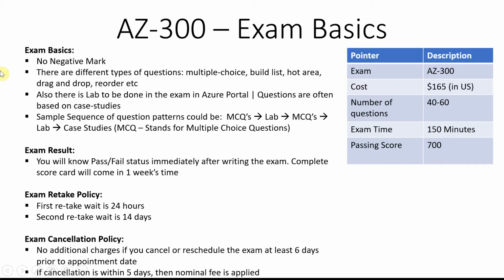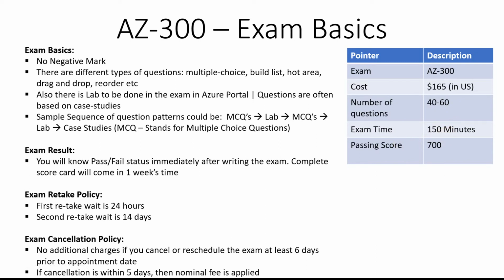From the exam point of view, what you need to know is that this exam generally costs $165. The number of questions is 40 to 60. The number is not fixed, so it varies from person to person. The exam time is 150 minutes, and the passing score is 700.